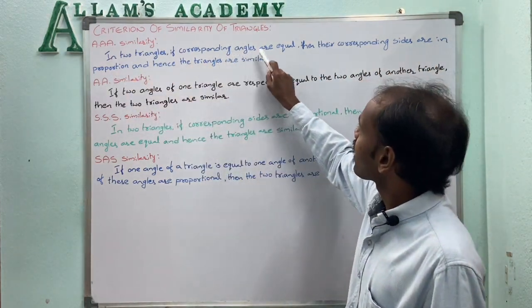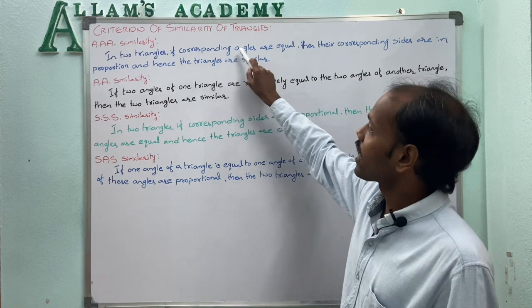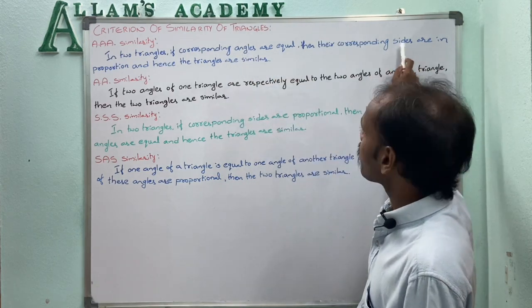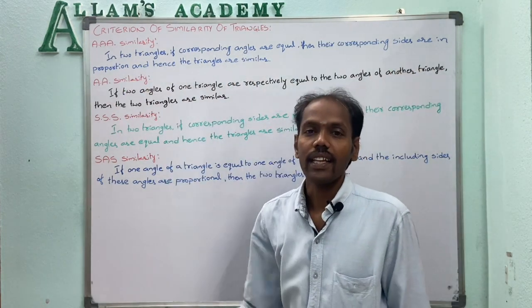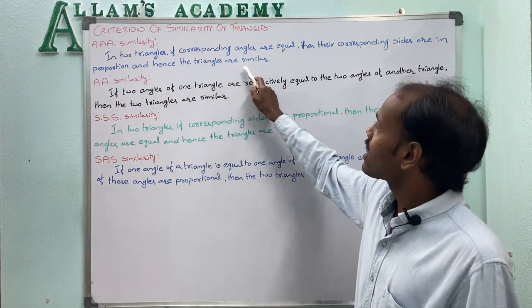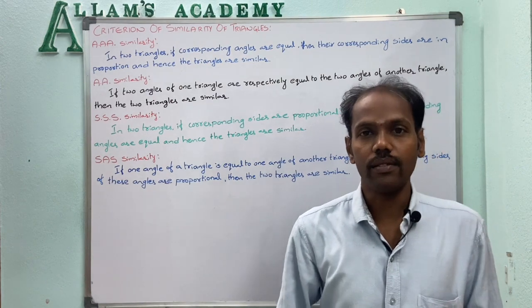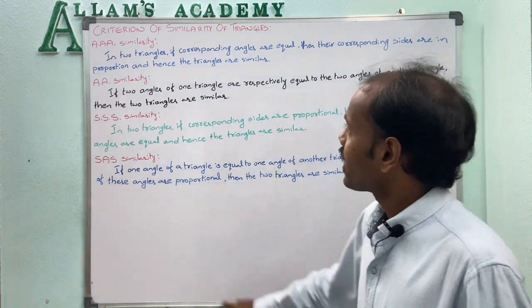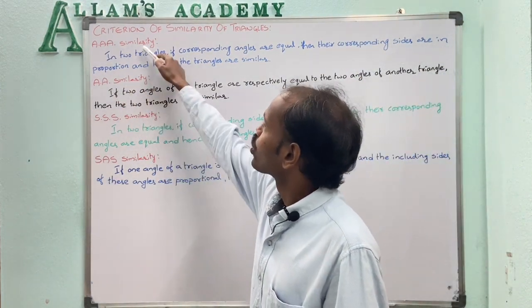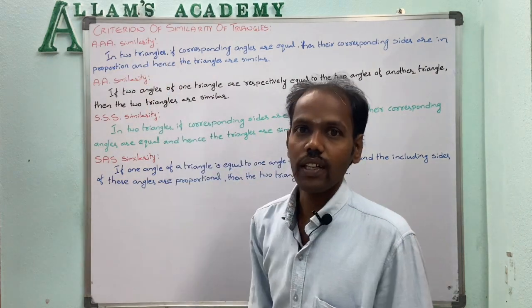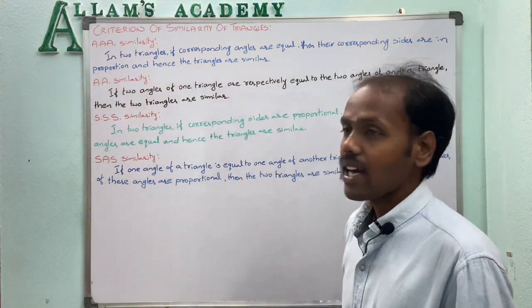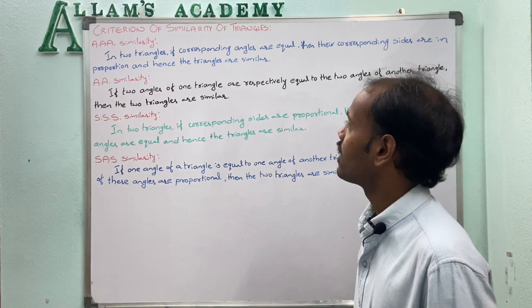So if corresponding angles are equal, their corresponding sides are in proportion, then the two triangles are similar through AAA similarity. Next one, AA similarity. Through AAA similarity only, AA means angle similarity.